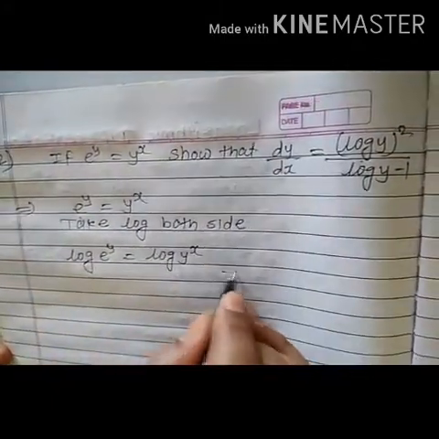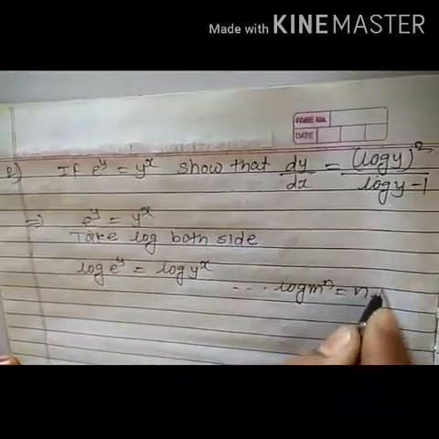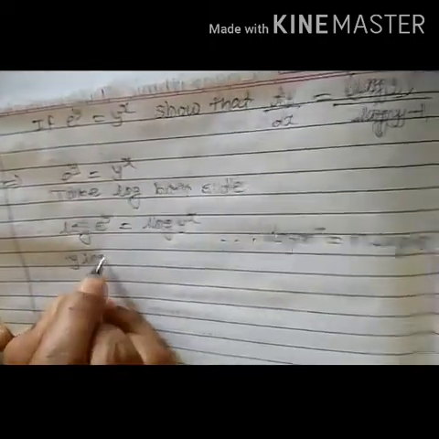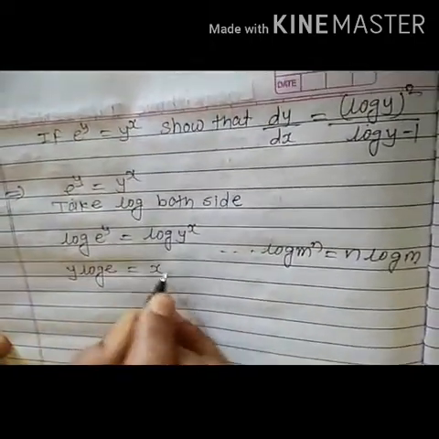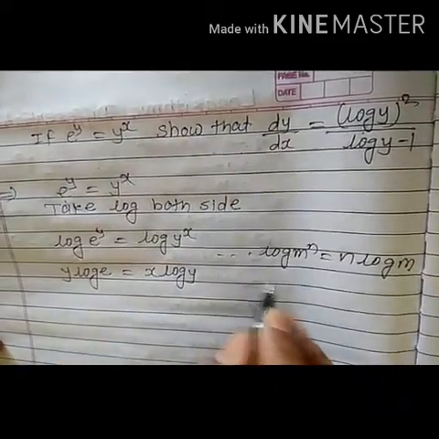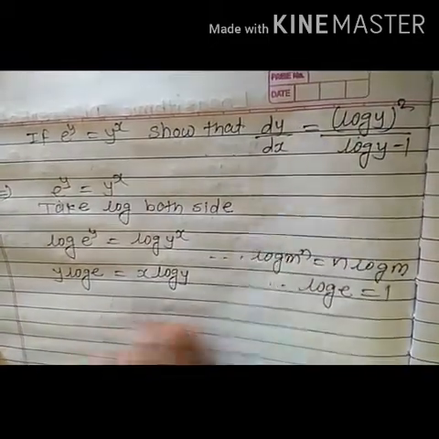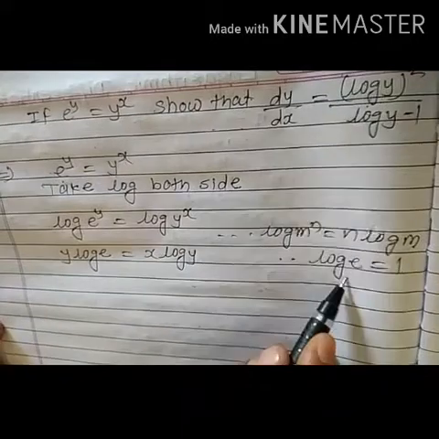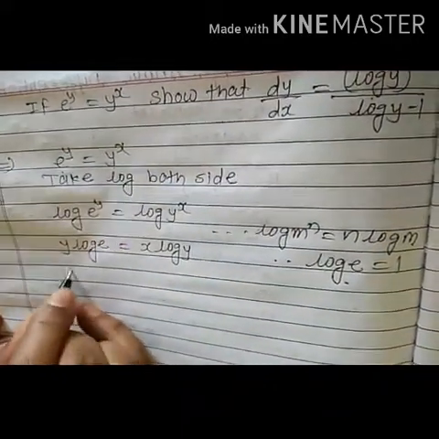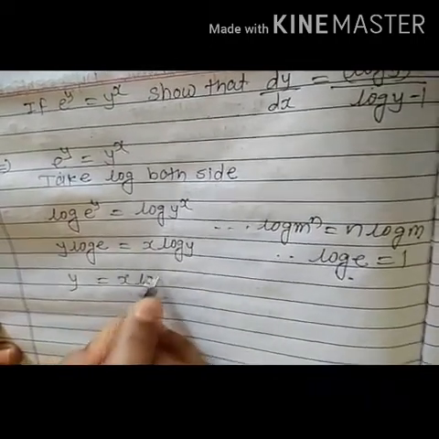Now we know that the form log m raised to n is n log m. So y log e equal to x log y. We know that the value of log e equal to 1. We see the standard values in functions, standard values in limits. Y equal to x log y.